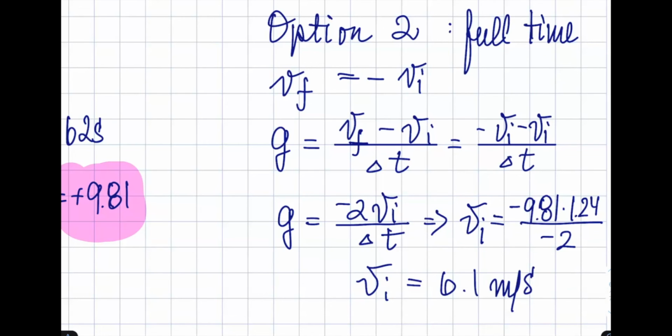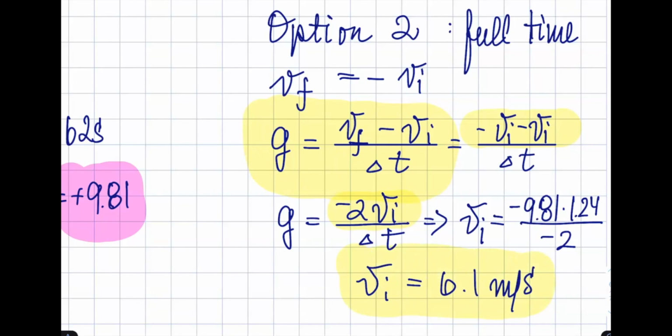And then g, the formula for acceleration, g equals v final minus v initial over time. In this case, v final is opposite of v initial, so we end up with negative 2 v initial over time equals g. Then you just multiply g times change in t, and divide it by negative 2, and that will give you your 6.1 meters per second, the same velocity.